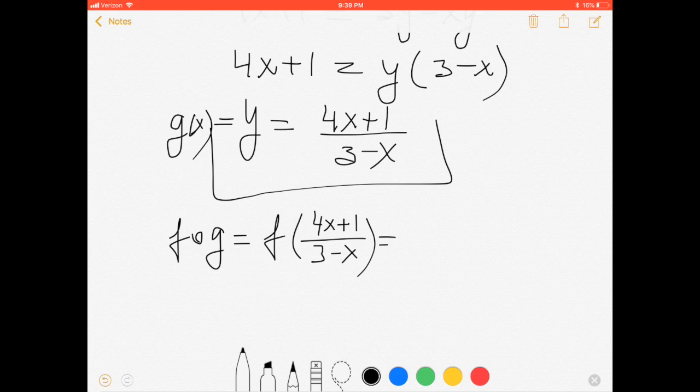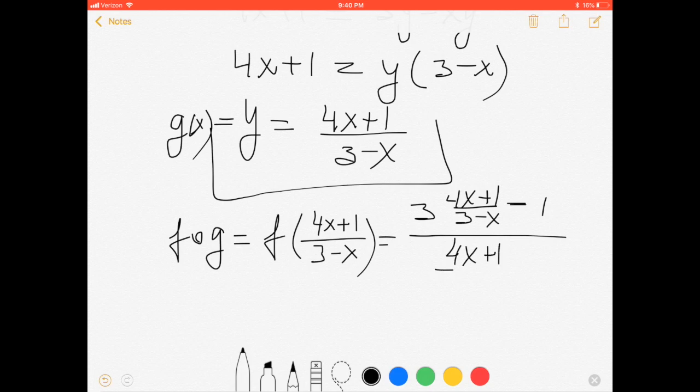It's 3x minus 1 over x plus 4. This means 3 times 4x plus 1 over 3 minus x, minus 1, over 4x plus 1 over 3 minus x, plus 4.